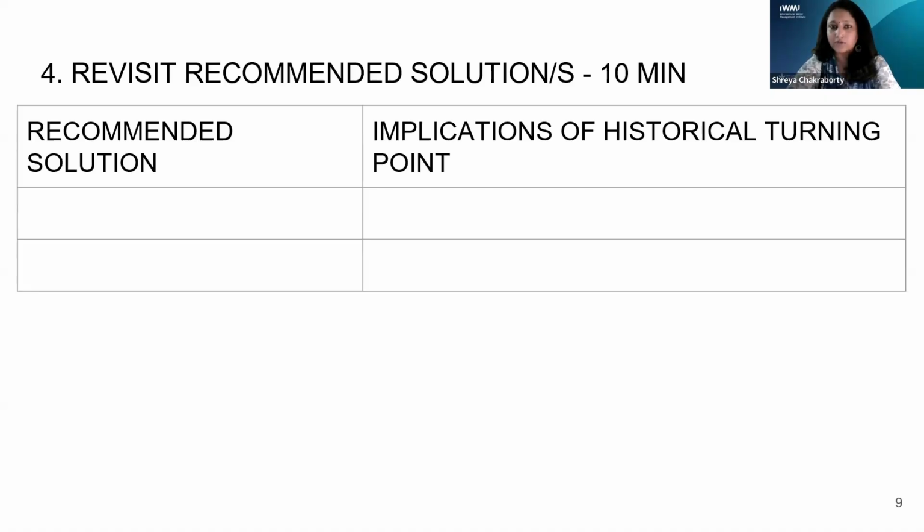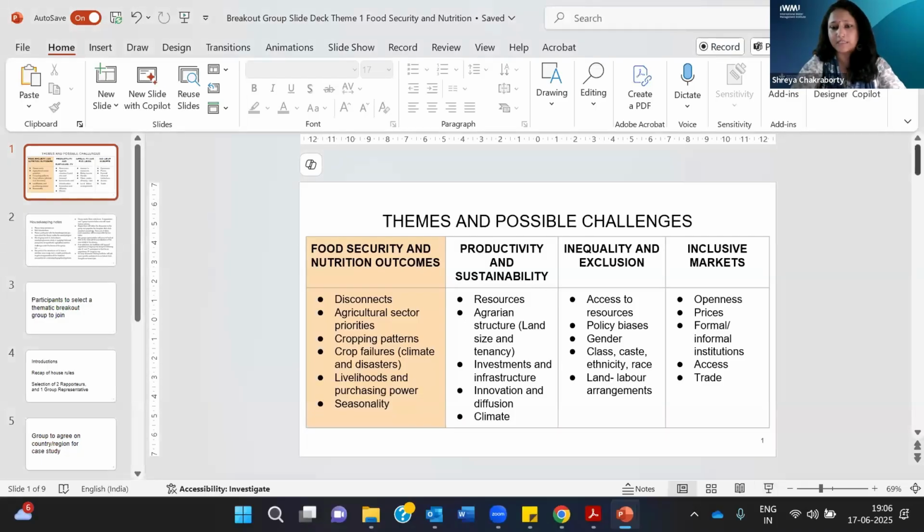Are there other things that you think may be required to overcome that challenge? And just consider or put in some implications or why you think any of these historical turning points or discussions may have led you to making any changes in these recommended solutions. So this is what you will be doing for the next I think 40 minutes.